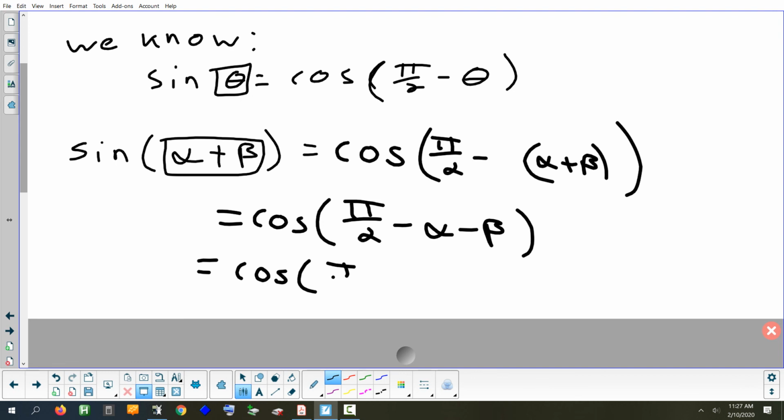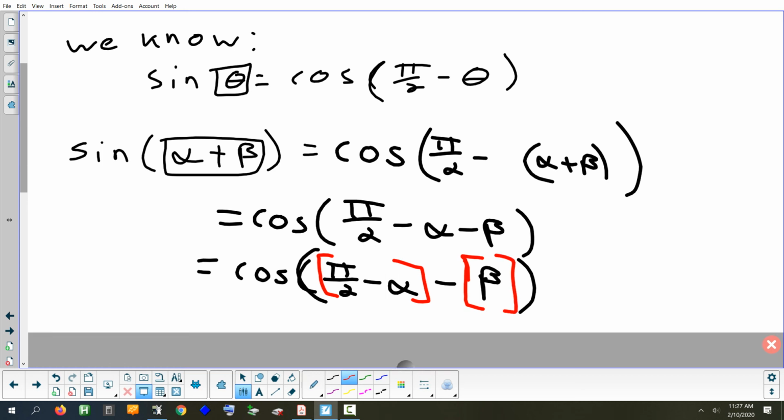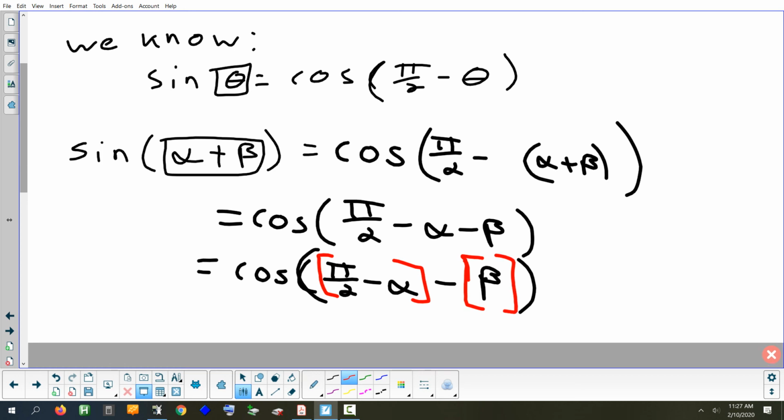Cosine of pi over 2 minus alpha, that's going to be the first thing, minus beta, that's going to be my second thing. So if you're trying to think about what's the first and what's the second here, that's the first, that's the second.